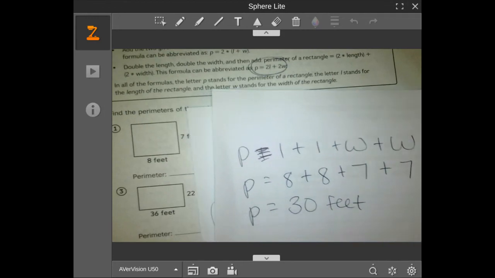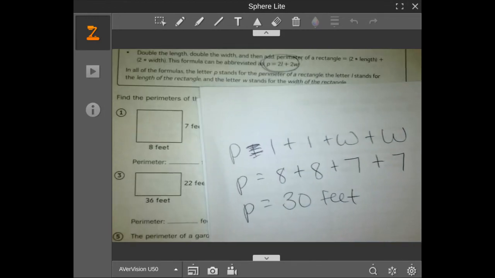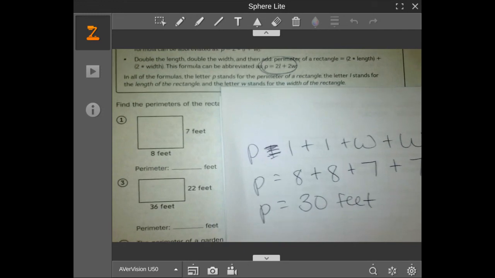So again, my perimeter is 30 feet. I just used two different formulas to find the answer.